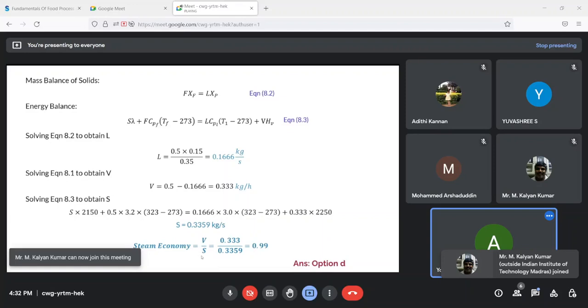And your steam will always be less than the total amount of vapor that you generate. This is only in the case of multiple effect evaporators, where your V will be greater than S. So in that case, your steam economy can be greater than 1. And that is only in the case of multiple effect evaporators. Is this clear?